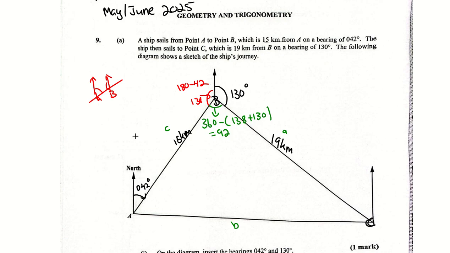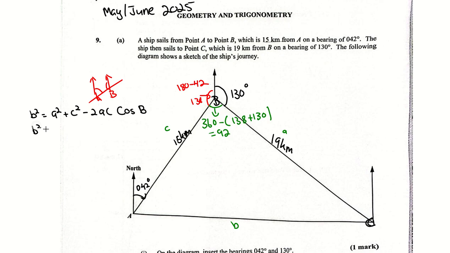Let's make a formula using the cosine rule, using the sides that are given. Because it's side b we're trying to find, the cosine rule tells us b squared is equal to a squared plus c squared minus 2ac cos B. Now let's fill in the values.